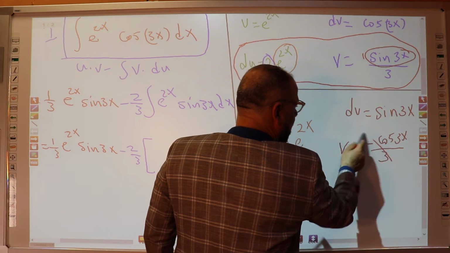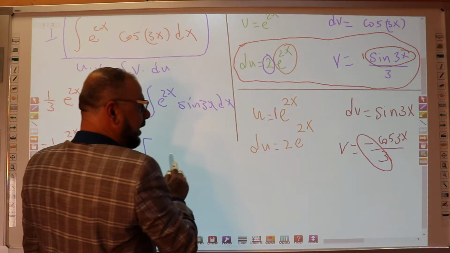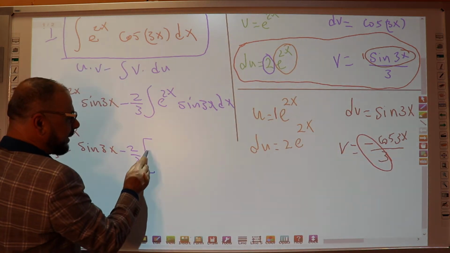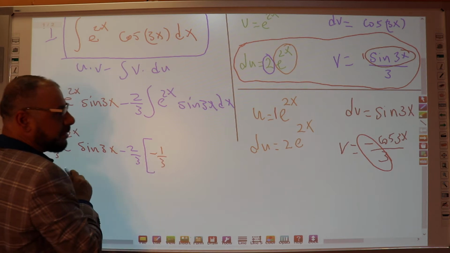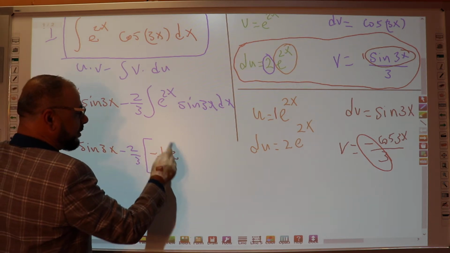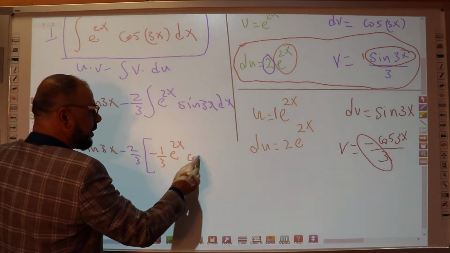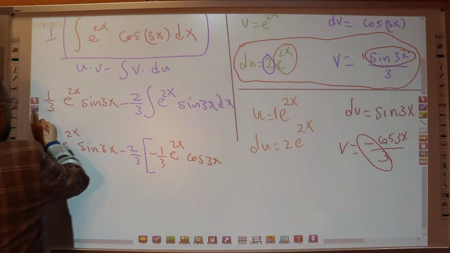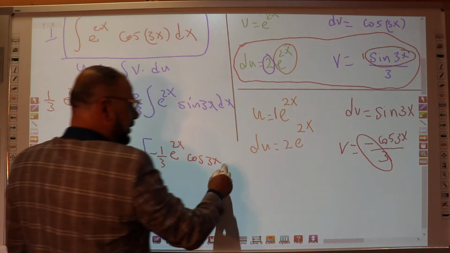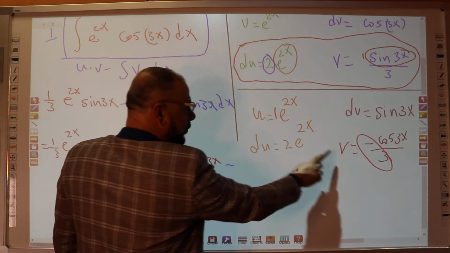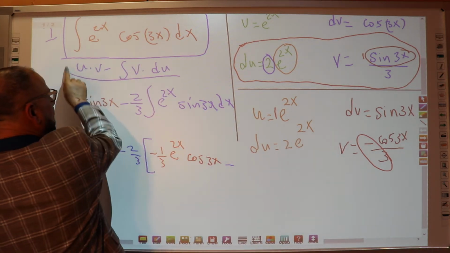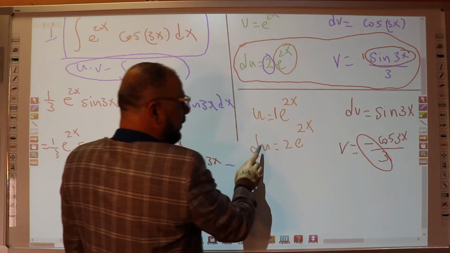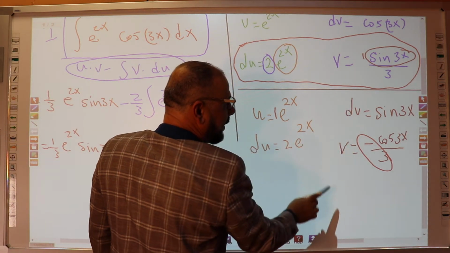Negative 1/3 e to the 2x cosine 3x minus, which one? uv minus v du, the same thing. v du, right?